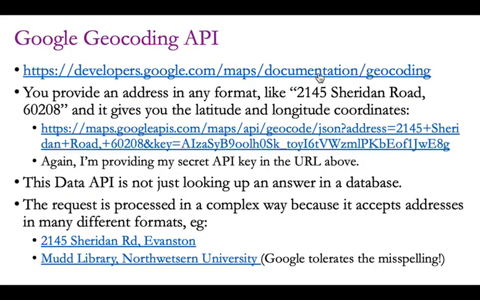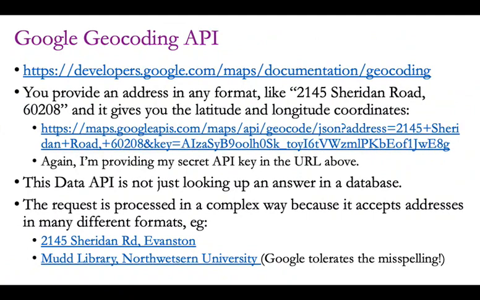All right. A similar API is the Google Geocoding API. Geocoding is the process of figuring out where something is, and particularly if you give an address like 2145 Sheridan Road, 60208, this API will give you the latitude and longitude coordinates.